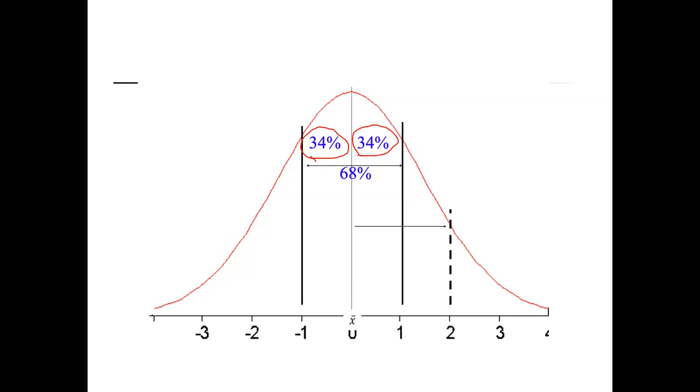Consequently, two standard deviations above the mean will give us a total of 47.5%, and two deviations to the left of the mean will also be 47.5%, for a total of 95%. So 95% was divided into two. You will have 47.5% two deviations to the right, and 47.5% two deviations to the left of the mean.